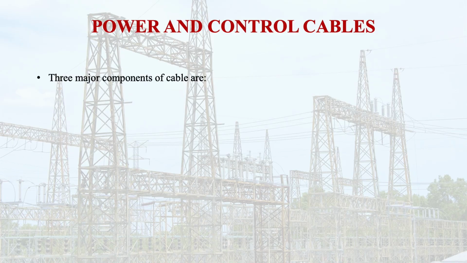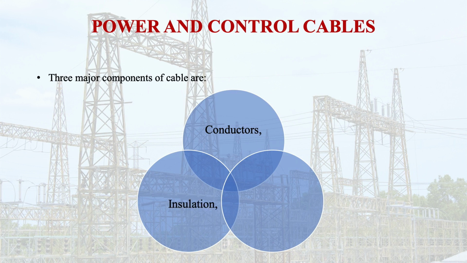When we talk about a cable, what are the major components? A cable has conductors, insulation and a protective jacket. The construction and material of a cable are determined by three main factors.